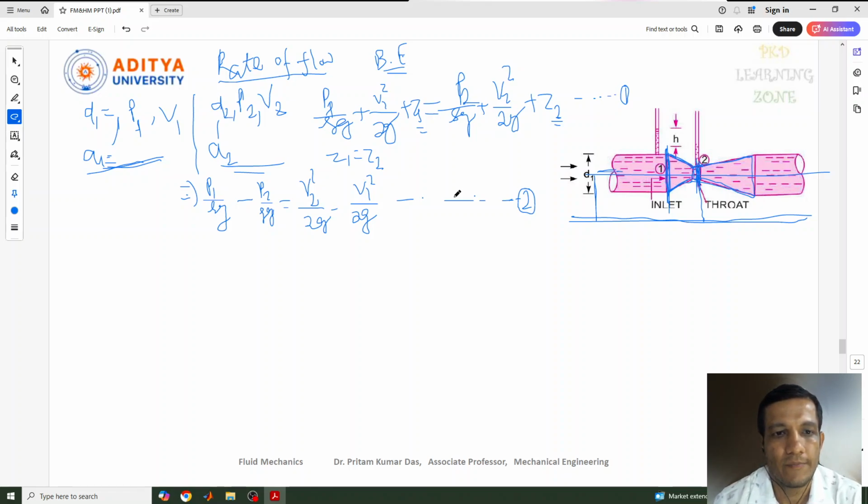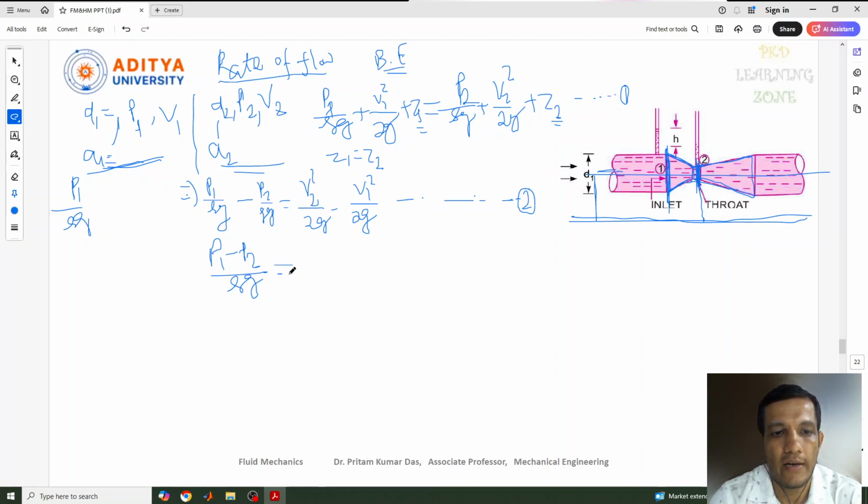Next, P1 minus P2 by rho g is the pressure difference at section 1 and section 2. We know that P1 by rho g is the pressure head, so this is the difference of pressure head at section 1 and section 2.